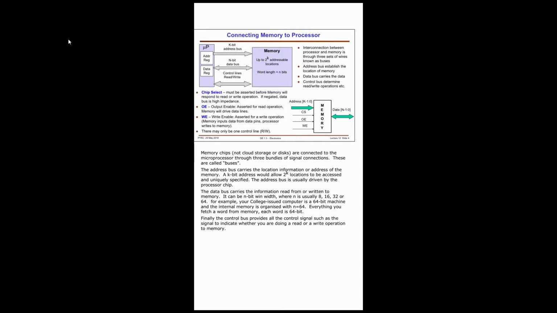So k-bit address bus means k stands for the length of the address bus. The address register is the register location where the addresses are stored. It is directly interconnected with the memory, because memory is nothing but a pool of address chunks.